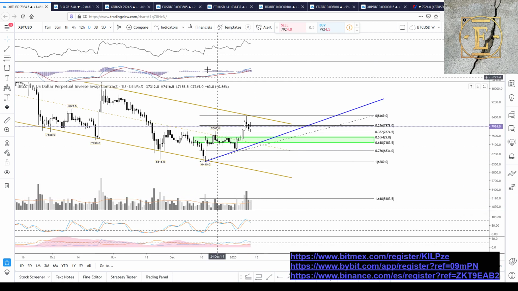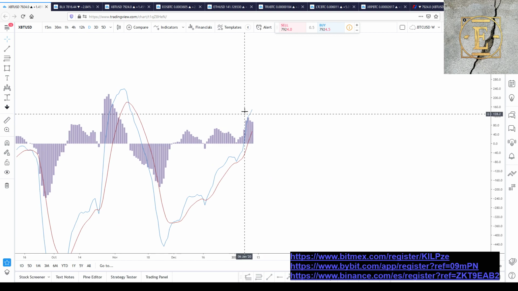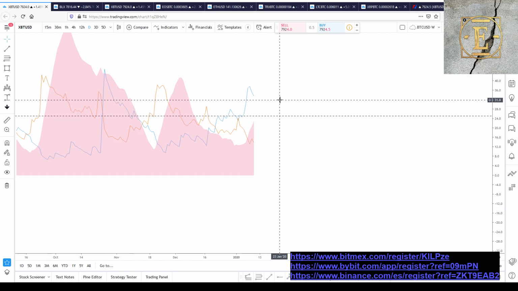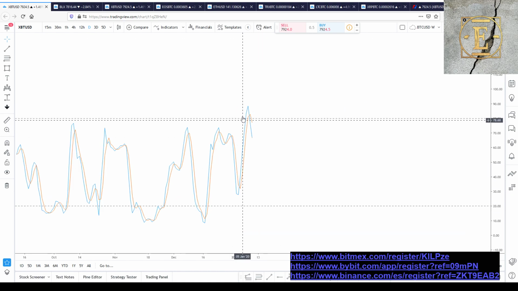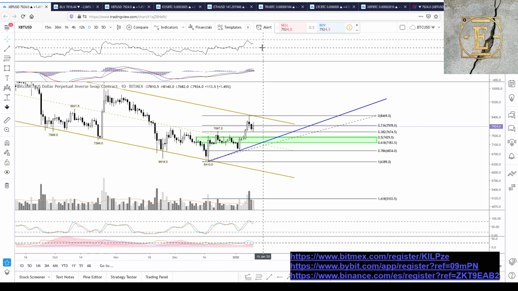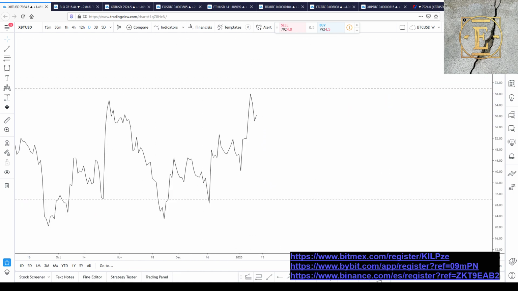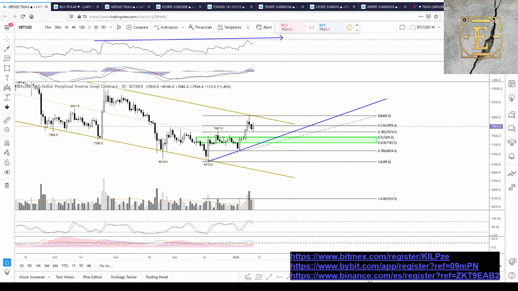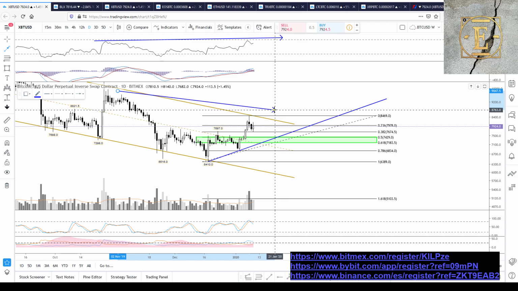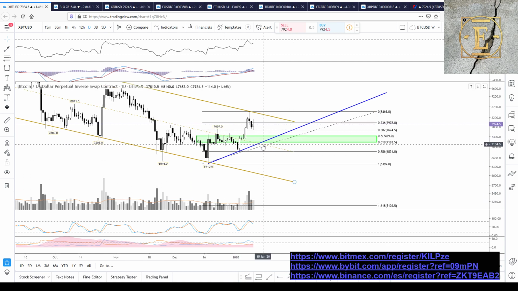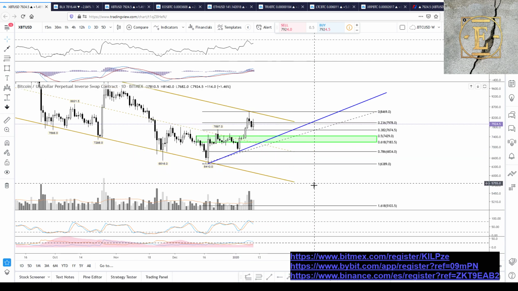Okay, so we think the same. This is crossing, but the histogram is decreasing, so there's no strength. ADX DI, there's no trend here, and stochastic is overbought and going down. So the same as the 5-day, and this is not good. I think this is a clear higher high, and this is a clear lower high. So this is a strong bearish divergence. So bulls need to go back, think, and restart over a Fibo level here.